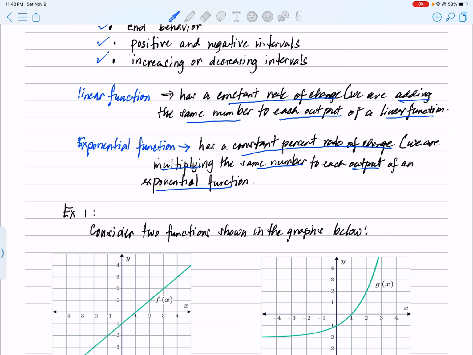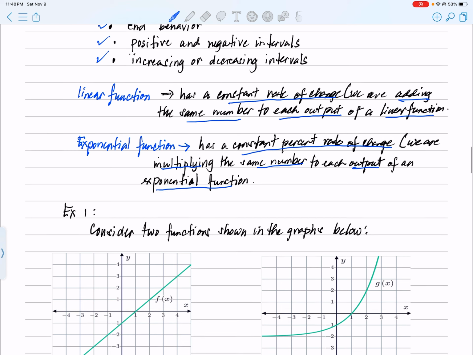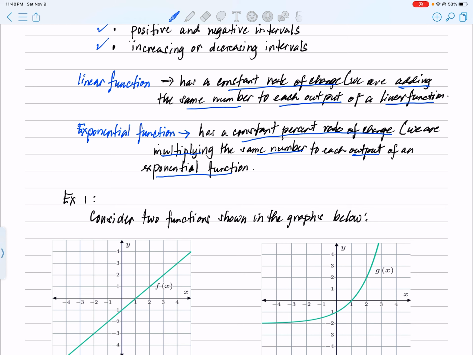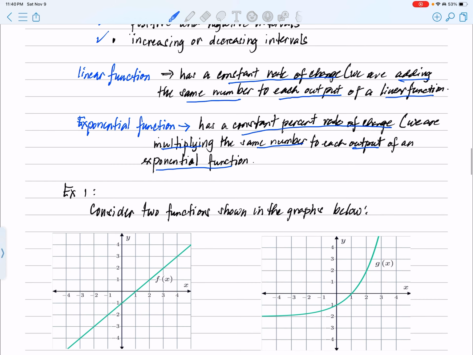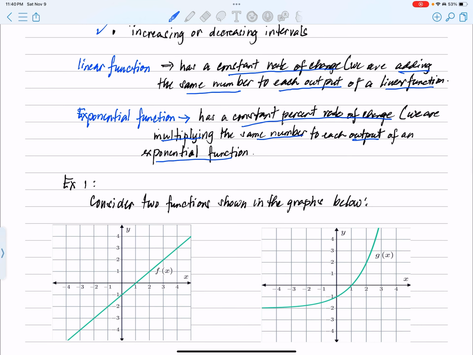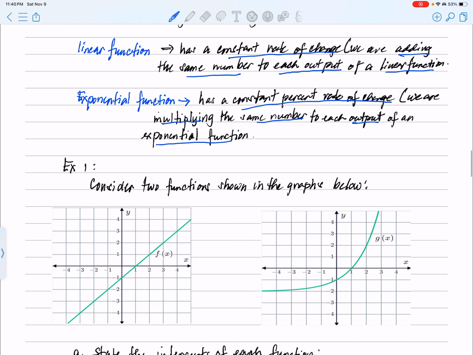In other words, the quantity in the linear function is less than in the exponential function, because when multiplying in the exponential, it grows faster. Multiplying the same number is faster in growth compared to the linear function.